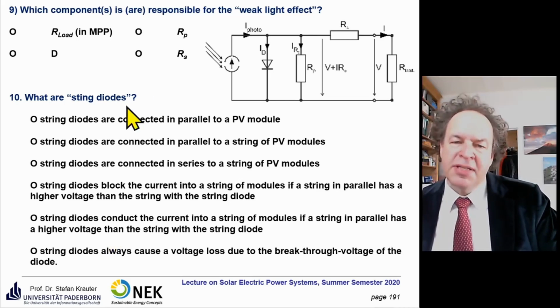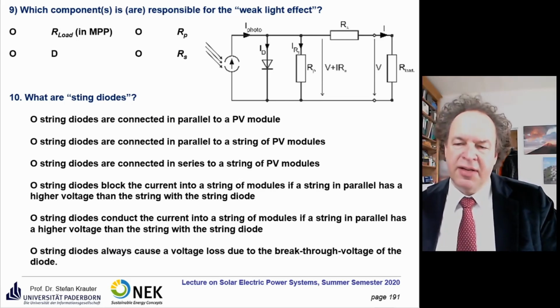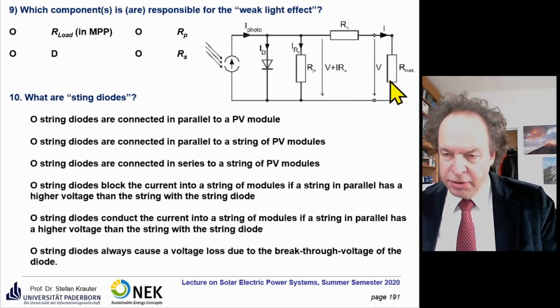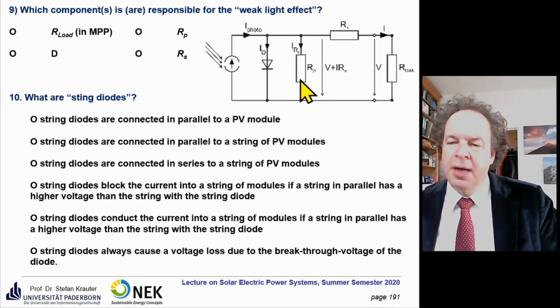9. Which components are responsible for the so-called weak light effect? The weak light effect occurs if you have lower performance at low irradiance levels. What happens? The load resistor is then lowered because of a lower current. Voltage stays the same, and then this resistance in relation to the internal parallel resistance is relatively high.